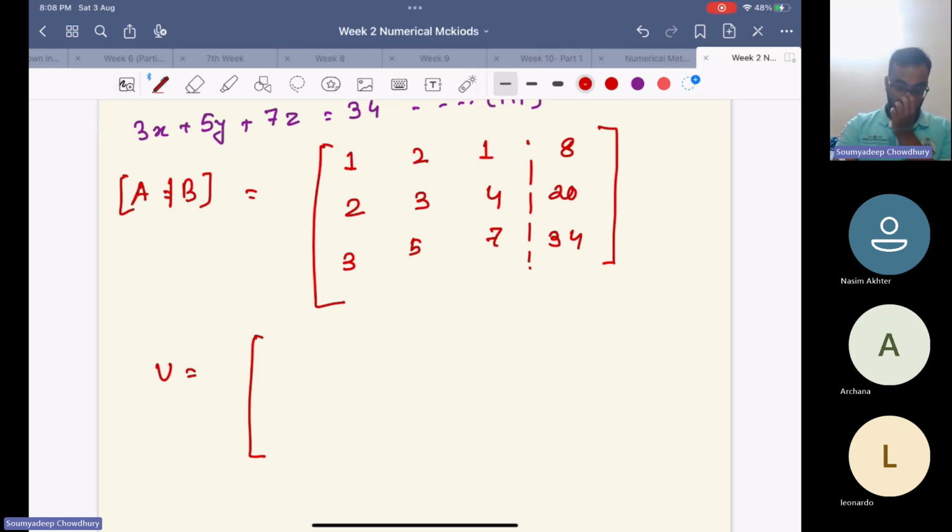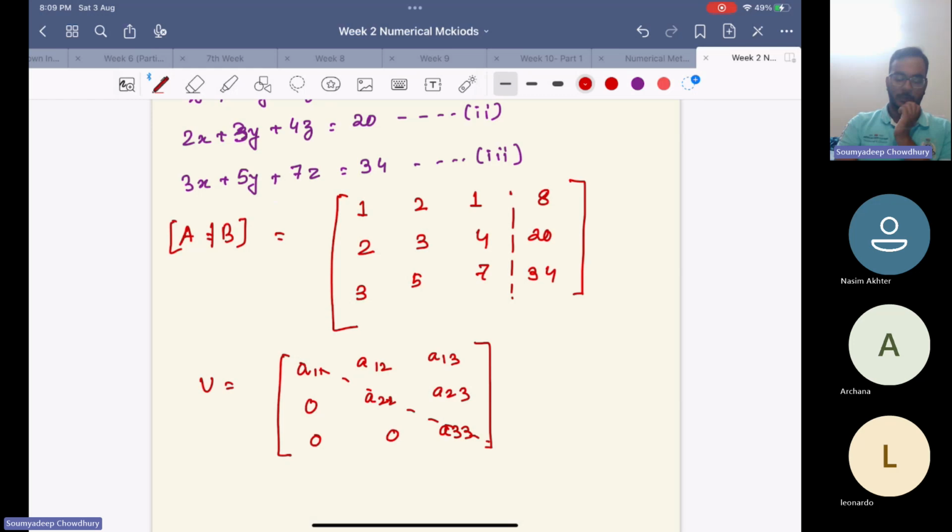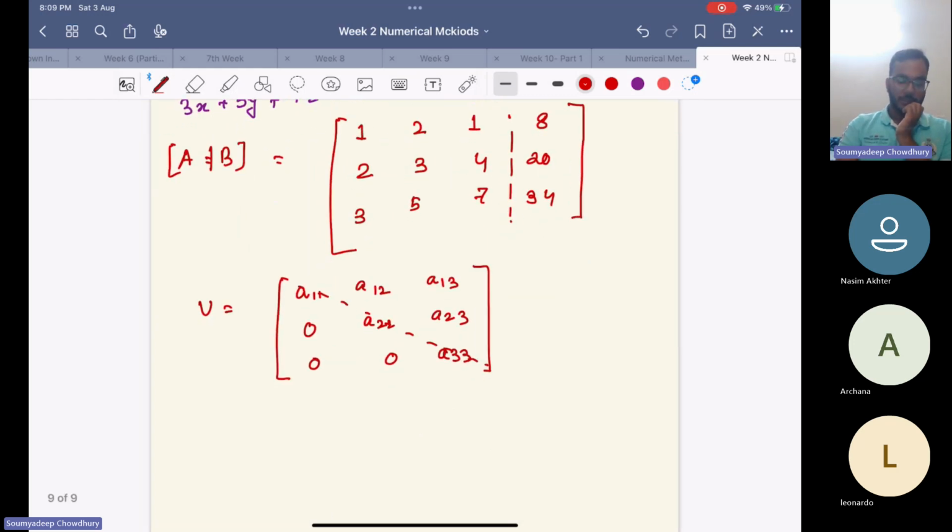Suppose you have A11, A12, A13 here. Then you have 0, 0, 0 below. Here you have A22, A23, and here A33. So this is an upper triangular matrix. This is my principal diagonal, all elements below it are 0, and the elements above it are non-zero.